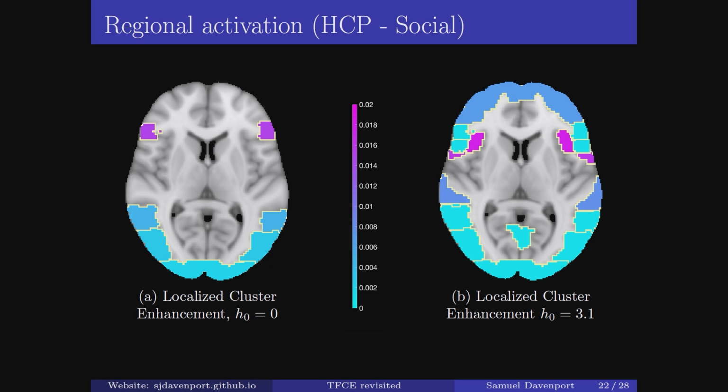You identify many more regions across the brain to be significant. So we really recommend using this higher threshold. You can maybe understand why: if you use a lower threshold, then you're incorporating information from some of the noise areas. The lower test statistics are not so interesting, whereas the higher test statistics are where the interesting activation is really happening.